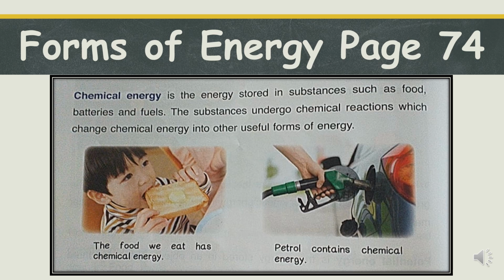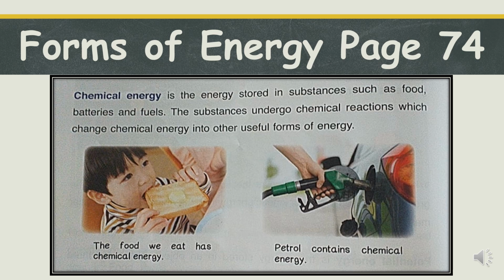And the last potential energy is chemical energy. So, what is chemical energy? Chemical energy is the energy stored in substances such as food, batteries, and fuels. The substances undergo chemical reactions which change chemical energy into useful forms of energy.